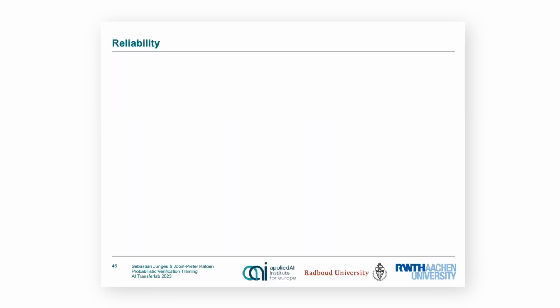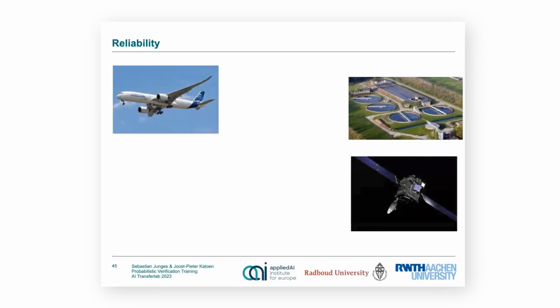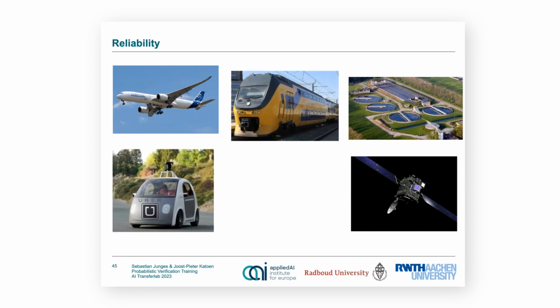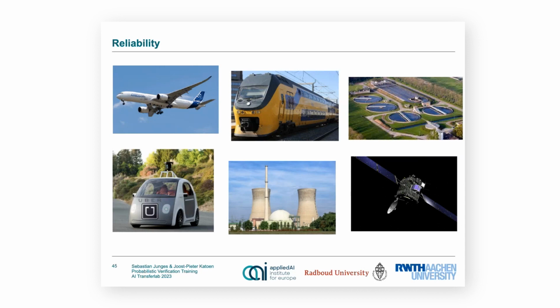Fault tree analysis is used in reliability, and reliability is essential in all kinds of safety-critical applications: planes, satellites, but also critical infrastructures like water management systems, trains, autonomous cars, or nuclear power plants.